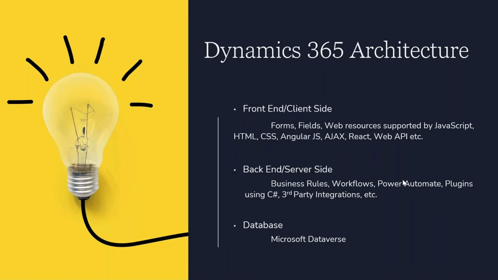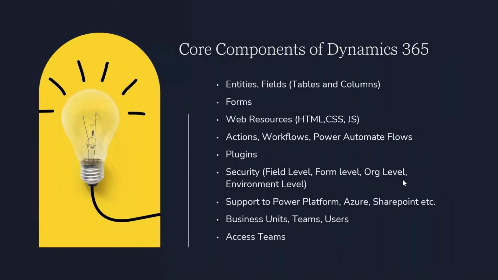Any questions here? So in this architecture, what are the topics you are going to cover, like front end, back end, database? Let me talk about the languages which get used here in this slide. The core components which make up Dynamics 365 are these. Entities and fields: for every application you need some backend tables, right?